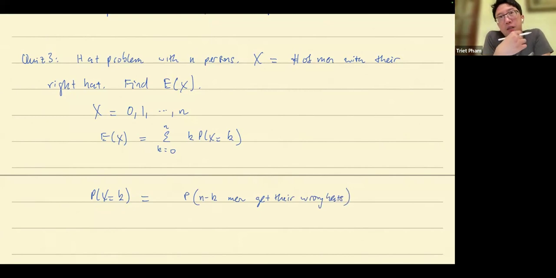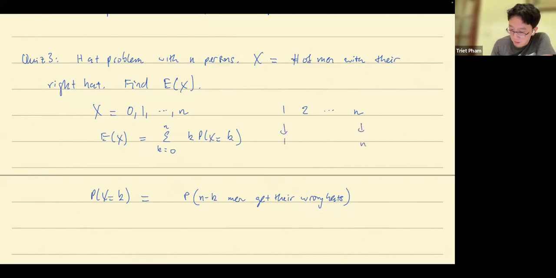Suppose persons 1, 2, etc. up to n. Suppose you want to find a probability. Notice X is the number of men with the right hat. Then X equals 2 means exactly 2 people have the right hat, let's say person number 1 and person number n.